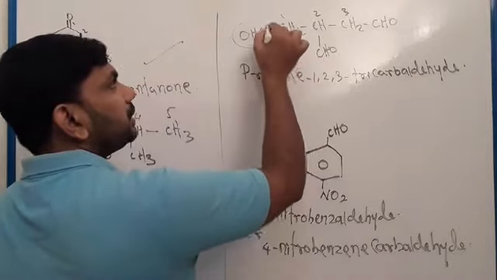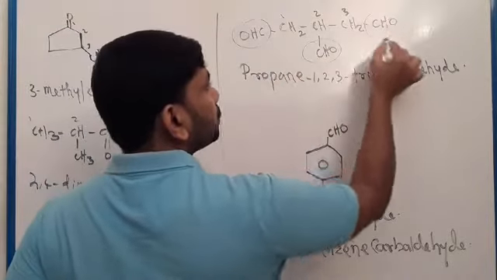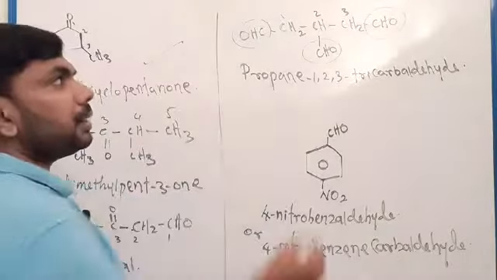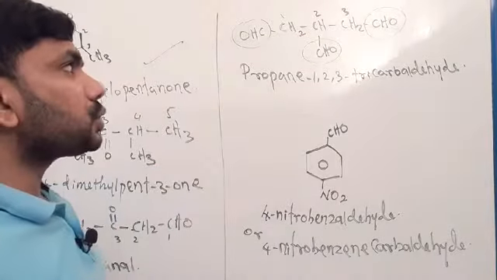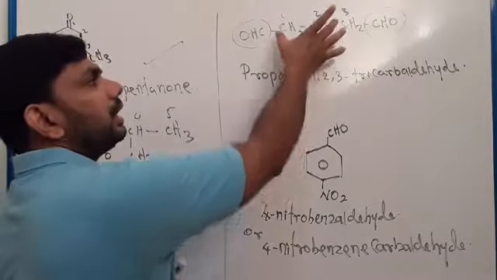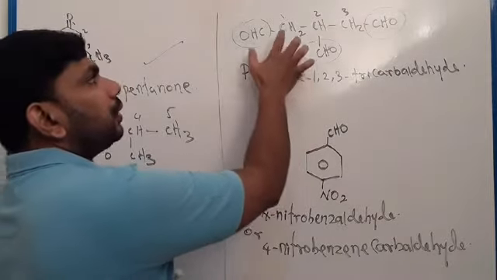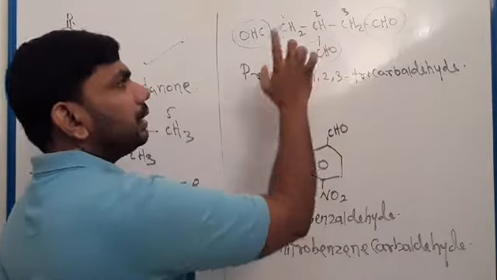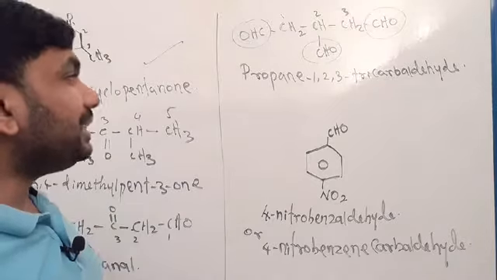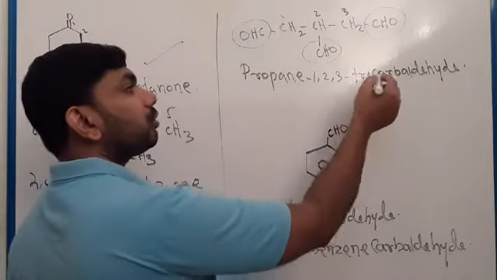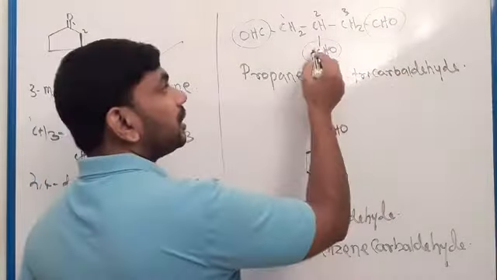Okay. Next one here, this is one compound which contains 3 aldehyde. 1, 2, 3, 3 aldehyde functional group, and here 1, 2, 3, 3 carbon atom. So here propane because 3 carbon, propane, and in first, second, third carbon atom there is CHO. So propane-1,2,3-tricarbaldehyde.